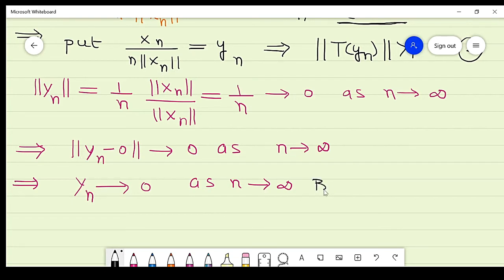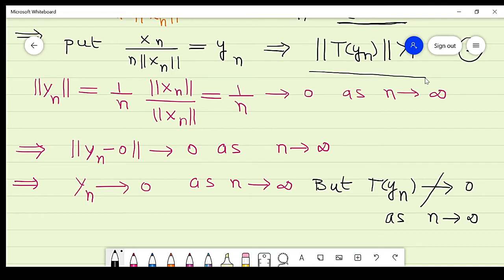But from equation number 2, norm of T of yn is greater than 1. It means T of yn does not approach 0. yn approaches 0, but T of yn does not approach 0 because its norm is greater than 1.